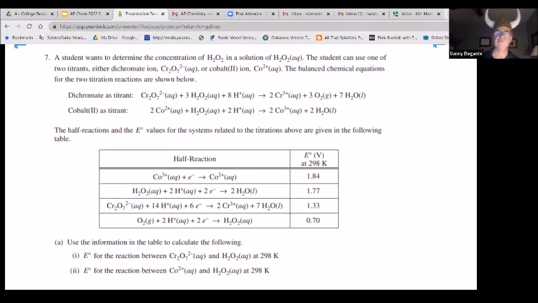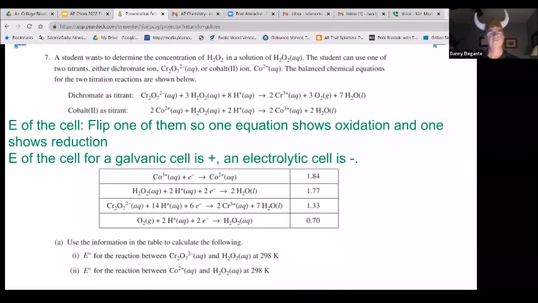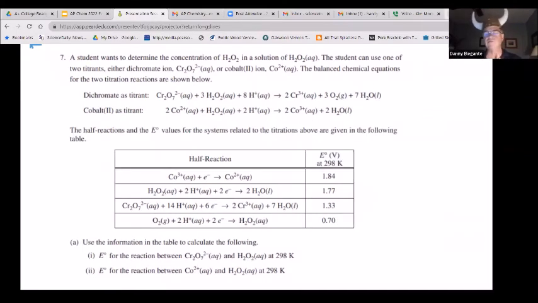And here's what I want you to remember. To find the E of the cell, you have to flip one of them. So they can't both be gaining electrons. One of them has to show oxidation, okay? So all you're going to do is figure out which one to flip. So look at the equation that says dichromate is titrant and figure out, do you want to flip the H2O2 equation or flip the Cr2O7 equation?